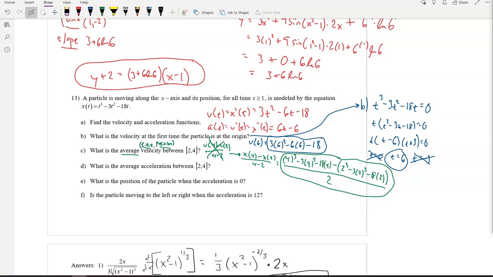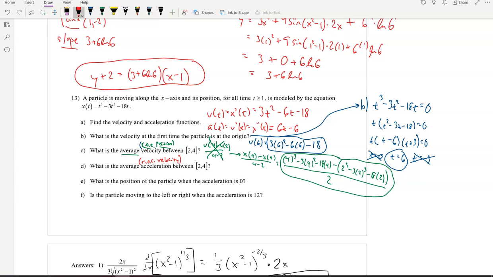So then average acceleration. Let's use that same kind of idea. If we just talked about the average velocity, we really had to use the position. So for average acceleration, acceleration is really the rate of change of the what? Yeah, velocity.